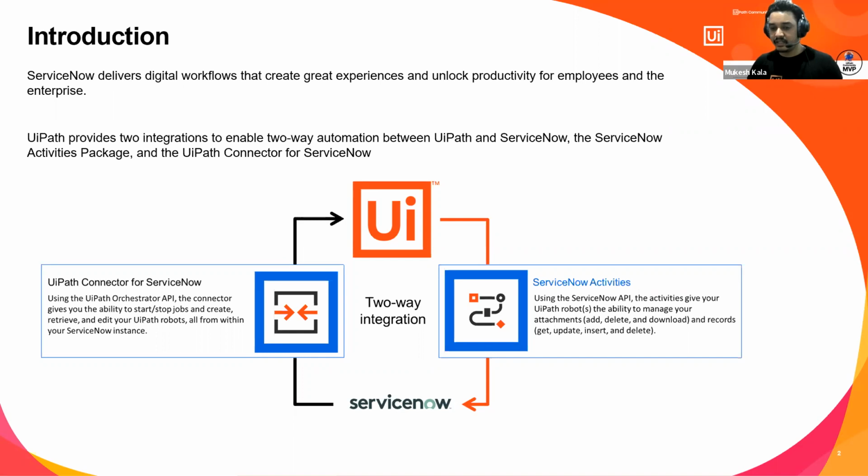The second integration is that whenever there is an exception which has happened in a process, from ServiceNow you want to trigger a robot. So there is an incident which has been created by a Java application, or by a .NET application, and the incident is landing in the ServiceNow queue.